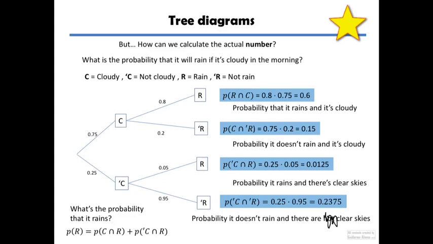And it's not cloudy. So to do that, the only thing we do is we multiply this number by this number. That's what we do to calculate the intersection. And it's going to give us 0.6, 0.15, 0.0125, 0.2375. And if we add all of these together, guess what we're going to get? We're going to get 1.